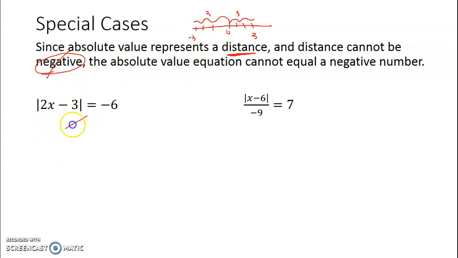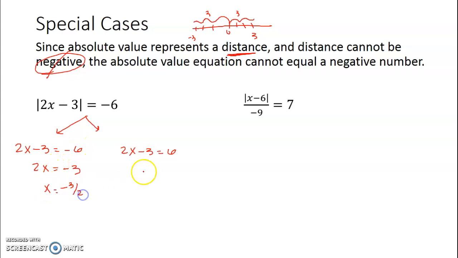So when I try to set this up, I'm going to have 2x minus 3 equals negative 6, and 2x minus 3 equals positive 6. If I solve this, I get negative 3 halves, and this one is 9 halves.